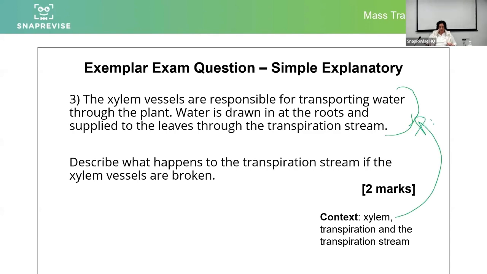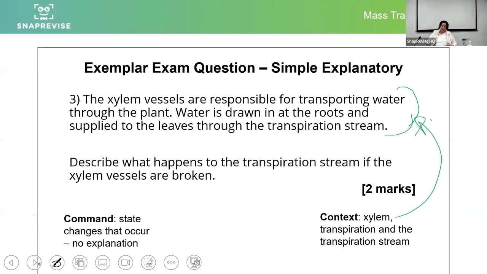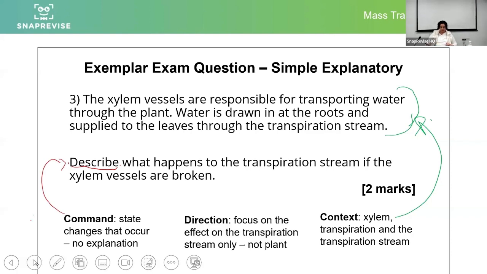My command is describe, which basically means to state or outline with no explanation needed. And my direction is to focus on the effect on the transpiration stream only, not the plant as a whole. So with that in mind, have a go.